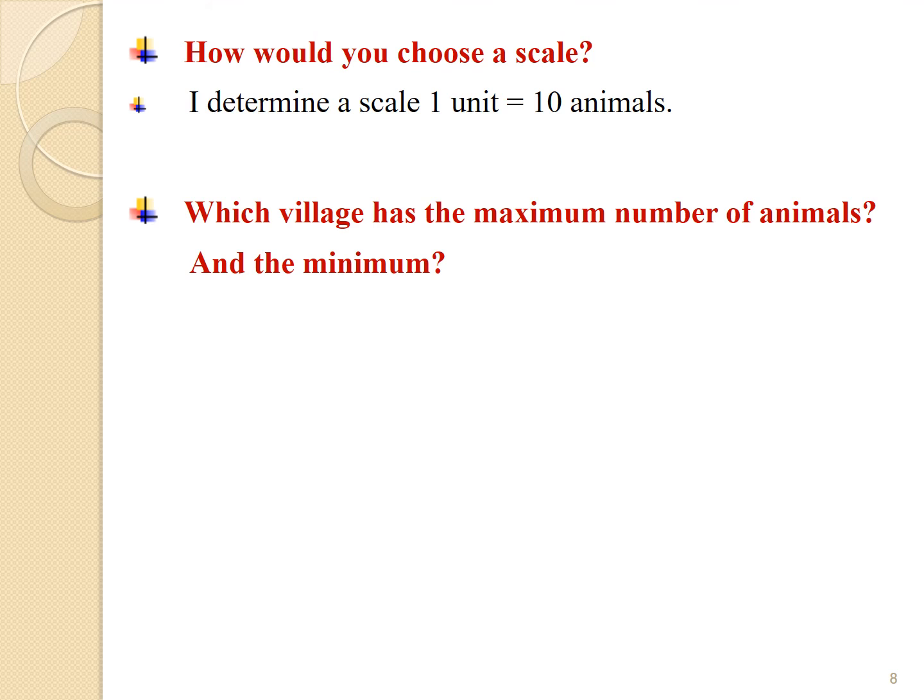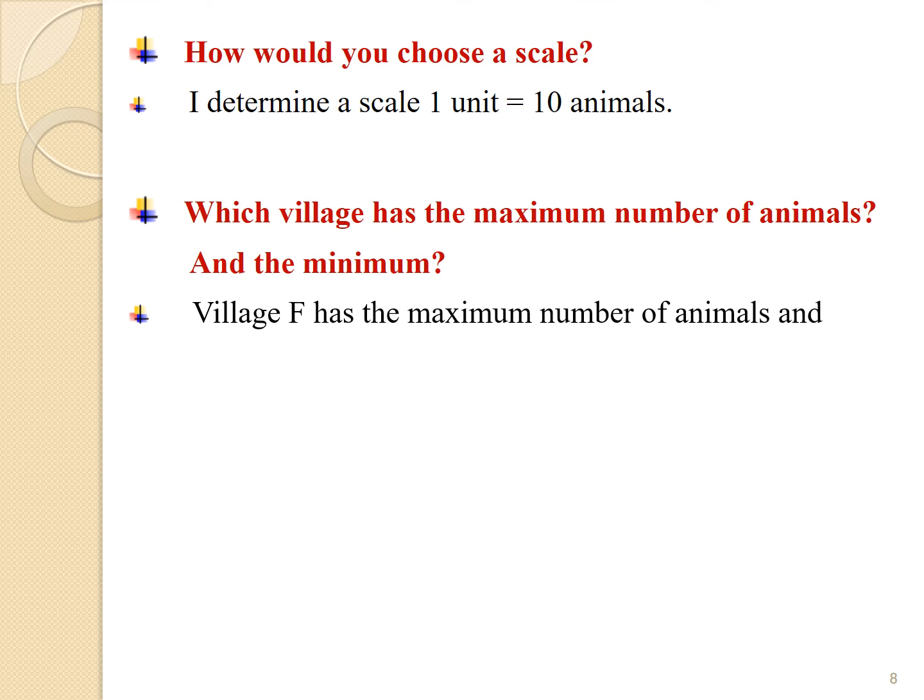Village F has the maximum number of animals, as in village F, there are 70 animals, which is the highest in number. And village E has the minimum number of animals, as it has only 20 animals, which is least or lowest in number.